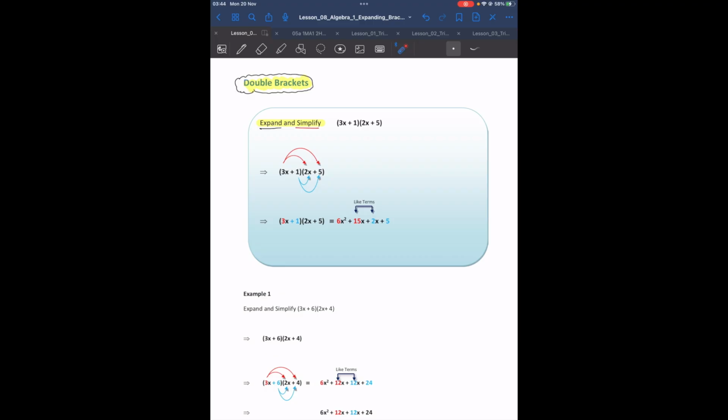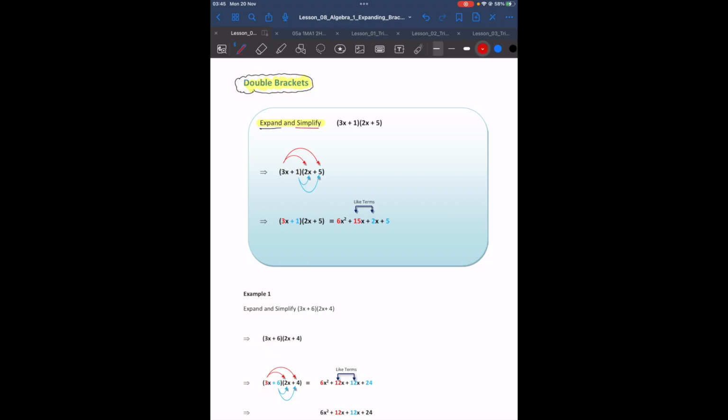Now, the way to multiply these two brackets, 3x plus 1 times 2x plus 5, we're going to do it logically. What we have to do is multiply everything inside the first bracket, 3x plus 1, by everything inside the second bracket, 2x plus 5. So the way we do it is that we cover up the plus 1.